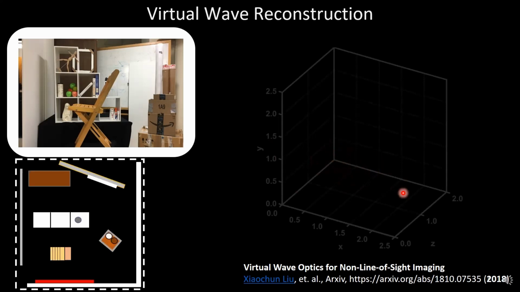Which means we can now play the same game we did with a Coke bottle and follow back all the bounces. So when we play this video of this virtual camera pulse in the hidden scene, illuminating the scene, we can see that the first thing you see is it lights up the chair.